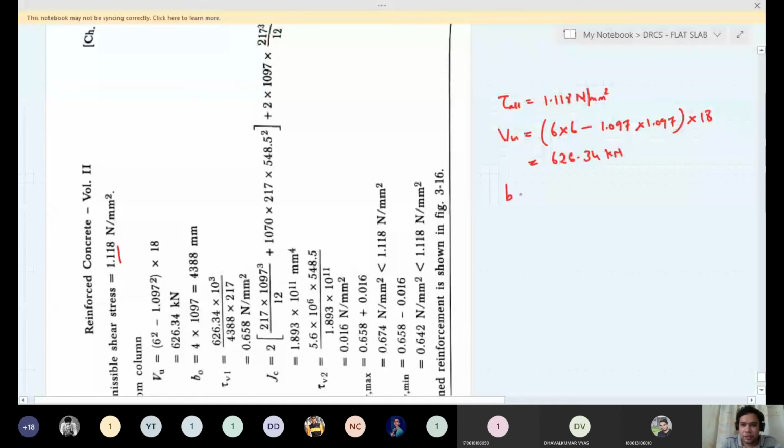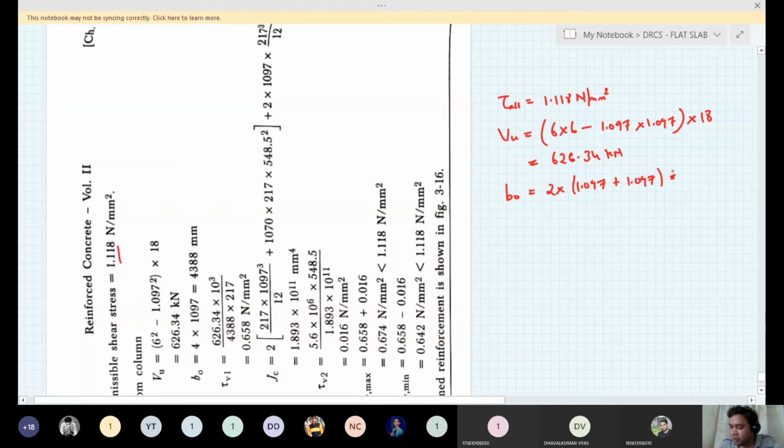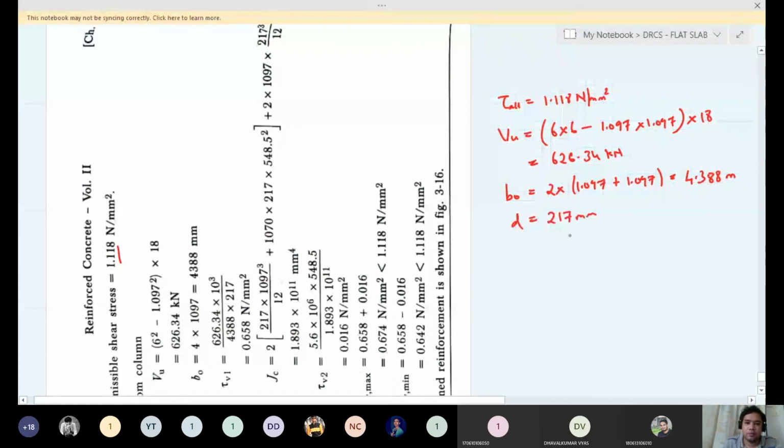And this shear will be resisted by the width equal to 2 into 1.097 plus 1.097, so it will be 1.097 into 4, that is 4.388 meter. And the depth resisting the shear will be 217 mm.